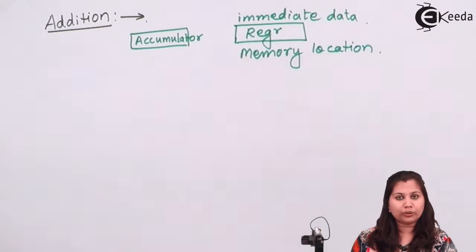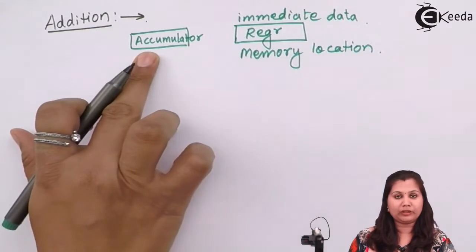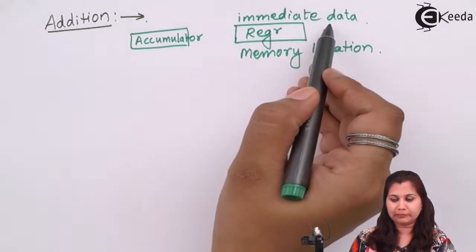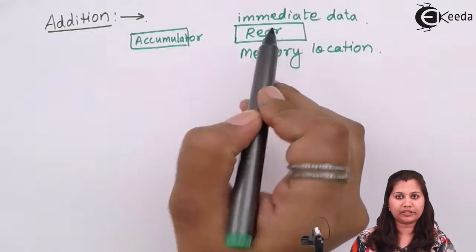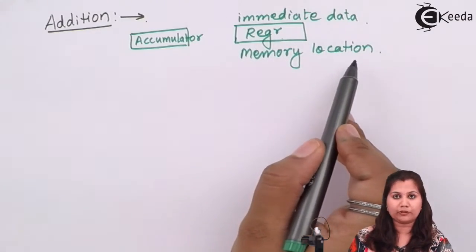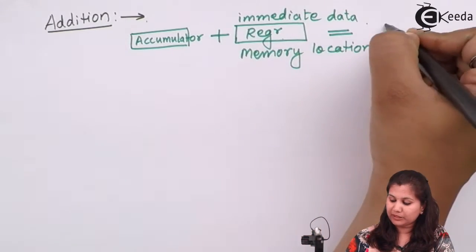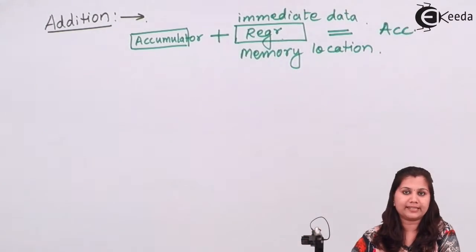So we require two 8-bit numbers. One 8-bit number will be in the accumulator and one 8-bit data will either be the immediate data, or stored in a register, or in a memory location. These two numbers will be added and the result will be stored in the accumulator itself.